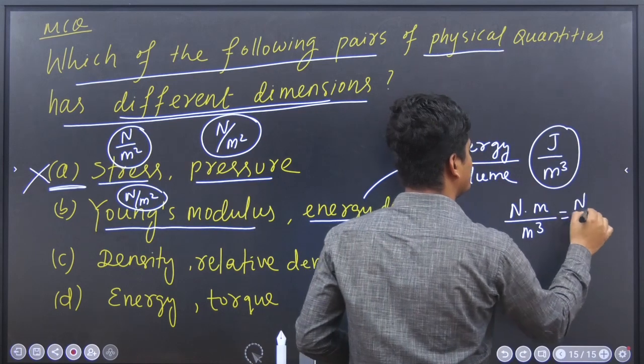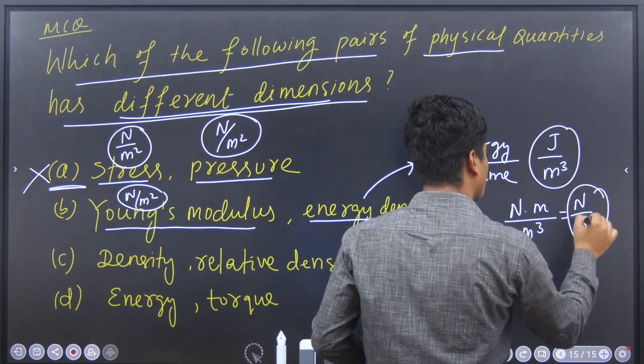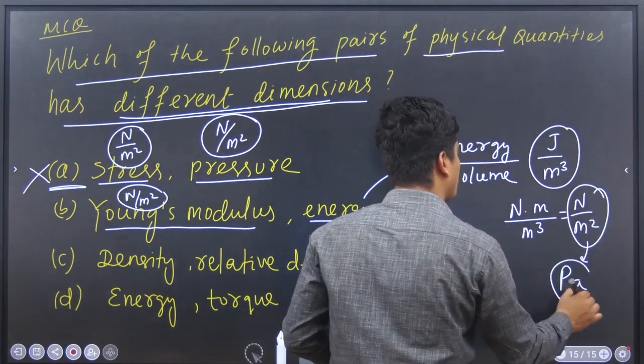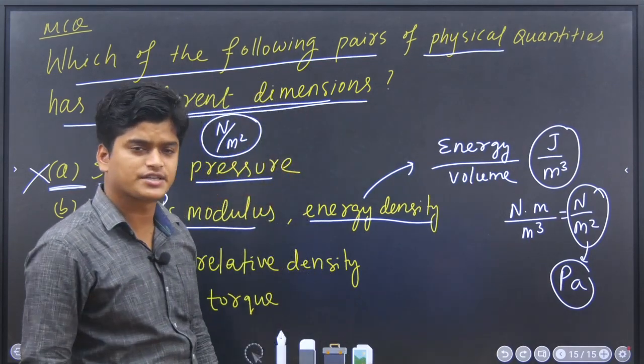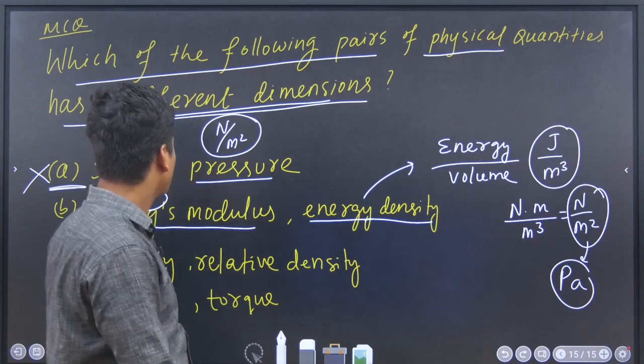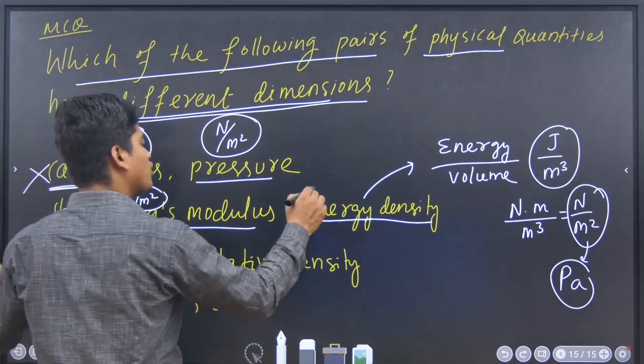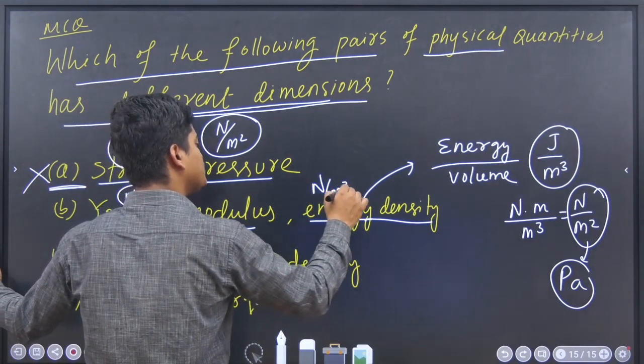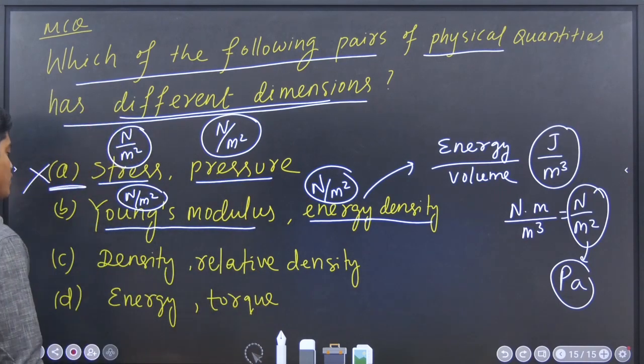Now here you can write it is Newton per meter square, which is nothing but Pascal, which is pressure, because meter will cancel with meter cube. So the energy density unit is also Newton per meter square.